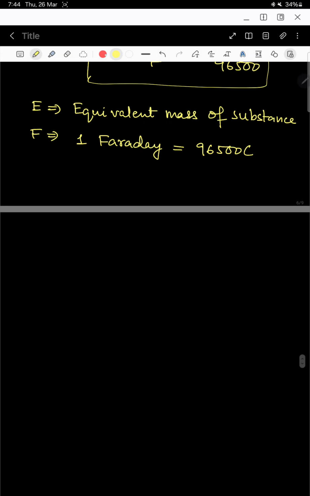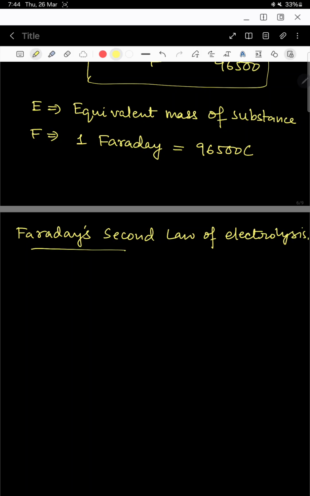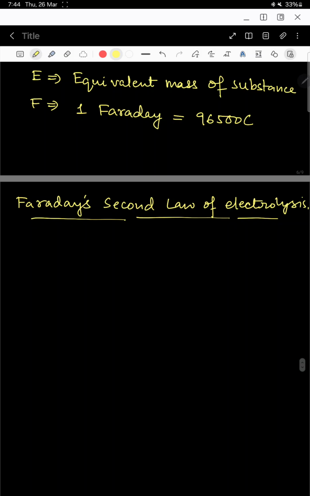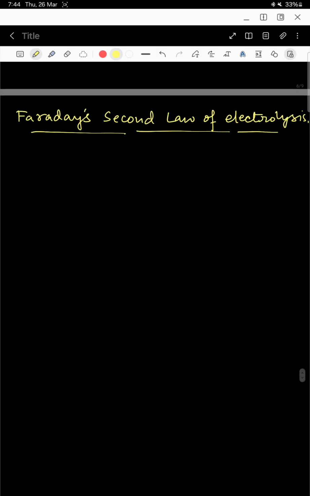Now coming to the second law of electrolysis, Faraday's second law of electrolysis. What is Faraday's second law? It basically says that when we have a certain number of electrolytic cells, like 2 or 3, which are connected in series.